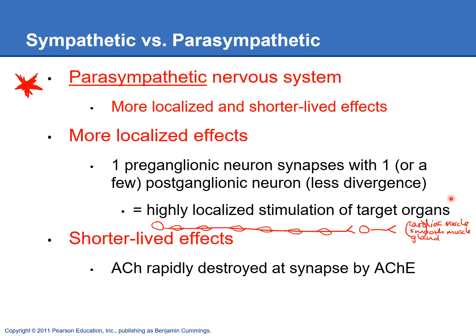And so there are really not going to be a lot of collateral axons coming off here and traveling to other postganglionic neurons and communicating with other target organs. So there's really not a lot of divergence and spreading out of the message, and so it's just more localized effects.